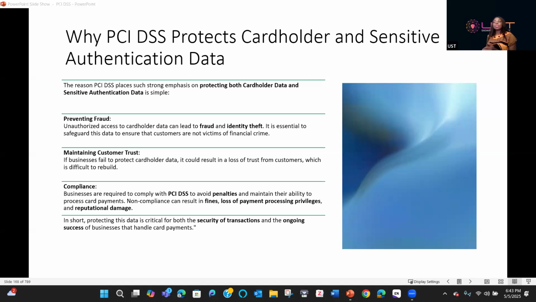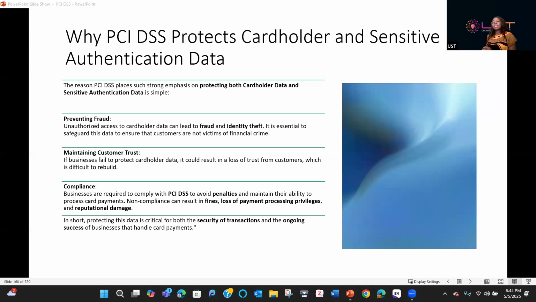If businesses fail to protect cardholder data, it could result in a loss of trust for customers, which is difficult to rebuild. Compliance. Businesses are required to comply with PCI DSS to avoid penalties and maintain their ability to process card payments. Non-compliance can result in fines, loss of payment processing privileges, and reputational damage.